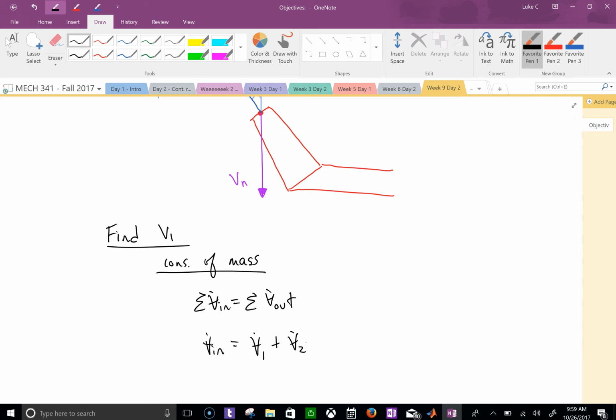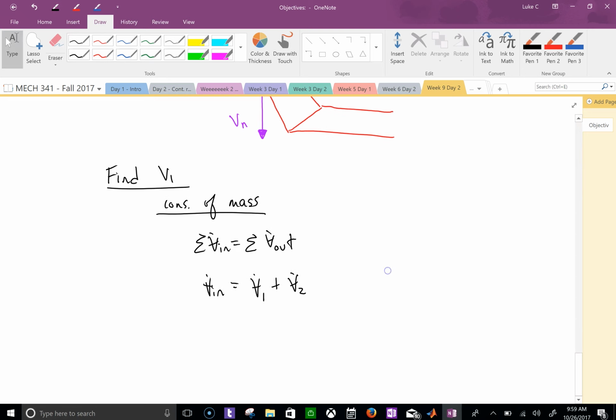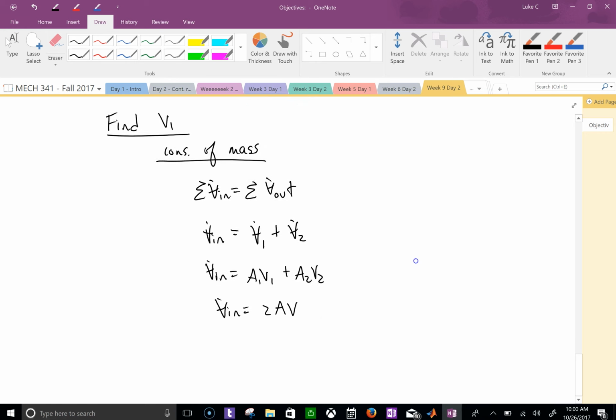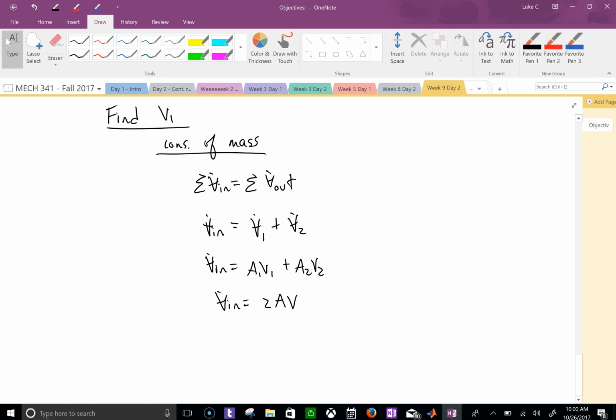Is the area the same on both? So therefore, I'll do complete notes here, just to make sure it makes sense to you. So all this means is that there's two AV, or, in a sense, 2 times V out, right?